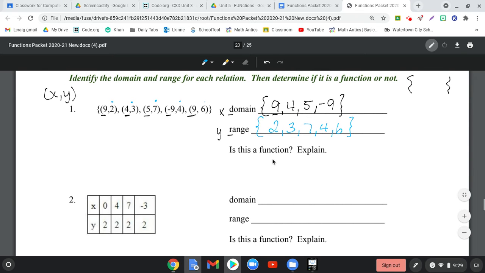Now, is it a function? This is going back to lesson 2. Remember, each X can only have one Y. Remember that sentence.